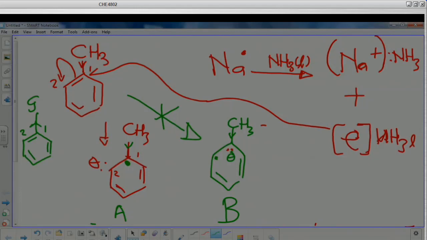Where will you put the radical center and where will you put the carbanion center? On which carbon? The answer is on the board, nowhere else. Fine.